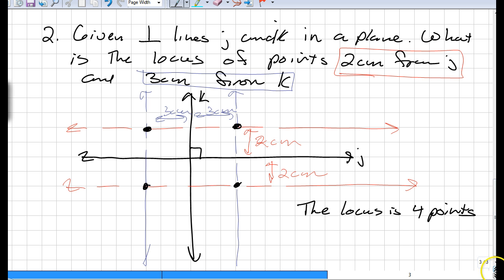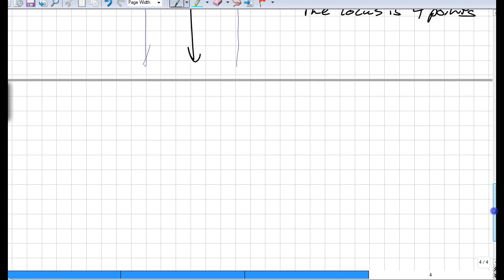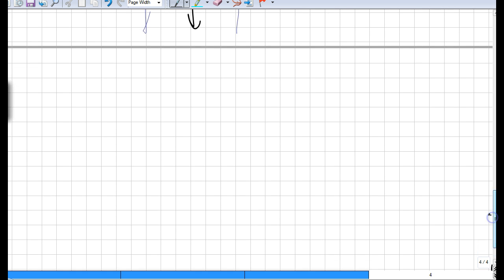Okay, example 3. Given parallel lines L and M, and so we know that we're in a plane because for 2 lines to be parallel, they must be in the same plane.